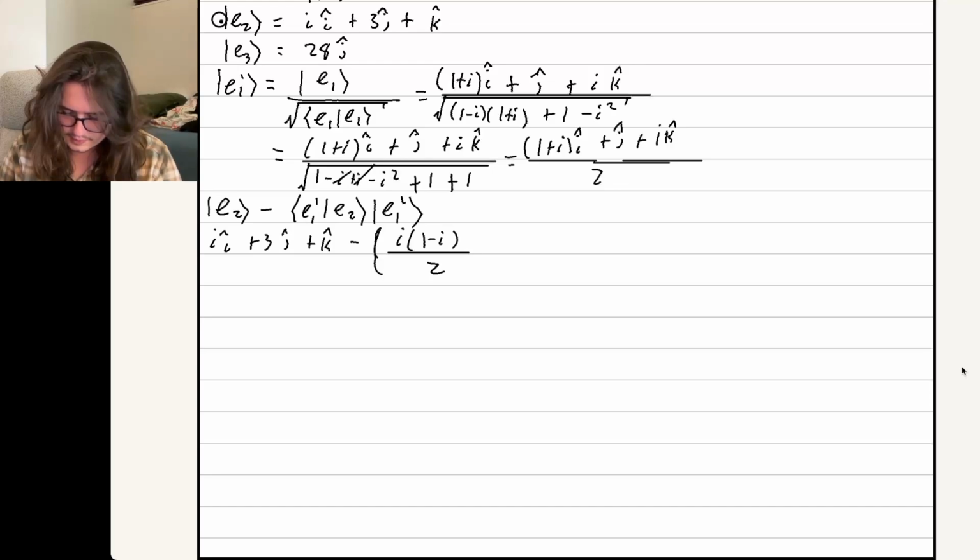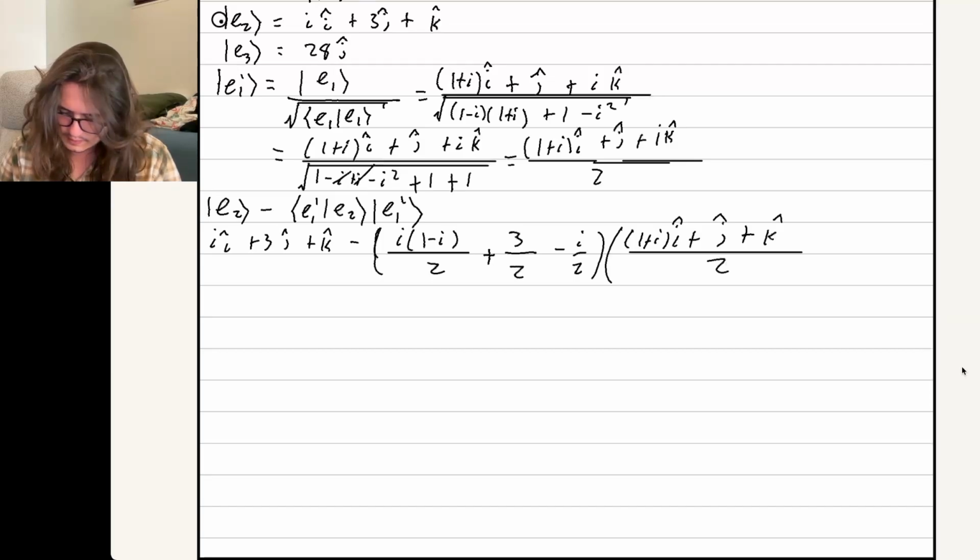We've also got plus 3 over 2, or actually this is going to be minus i over 2. And then in here we just have the normalized vector e1, so just this here. Right.